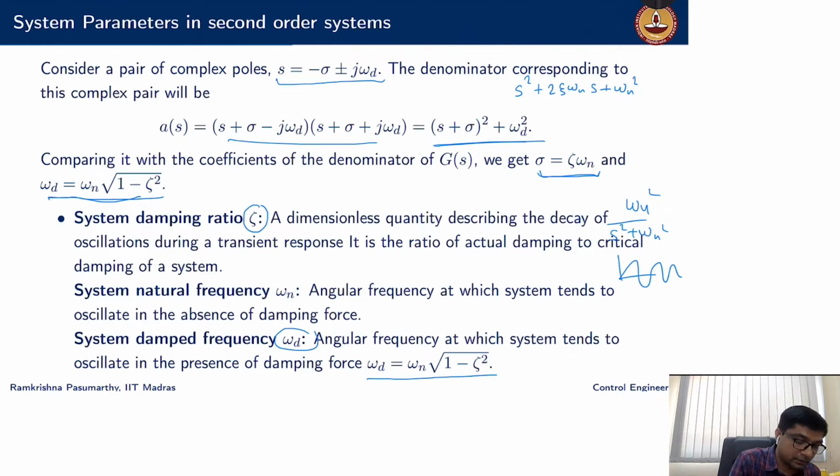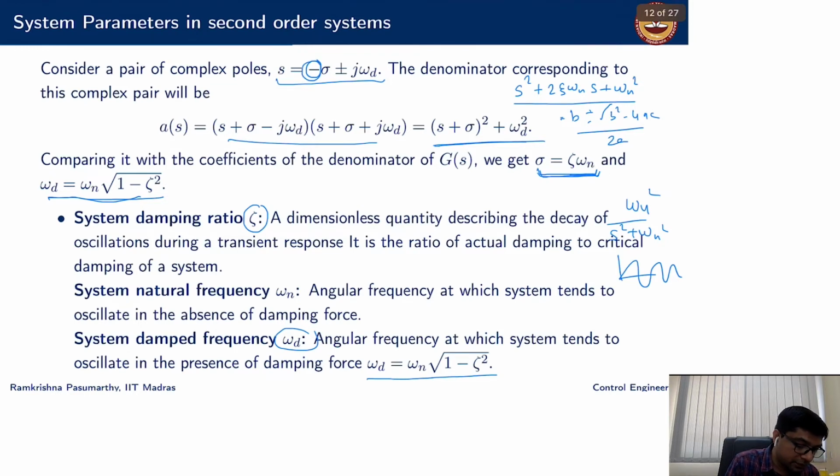If I look at the standard solution to the quadratic equation, you'll have minus b plus minus root of b square minus 4ac over 2a. Of course, there'll be a minus sign, so I'll just get minus sigma.